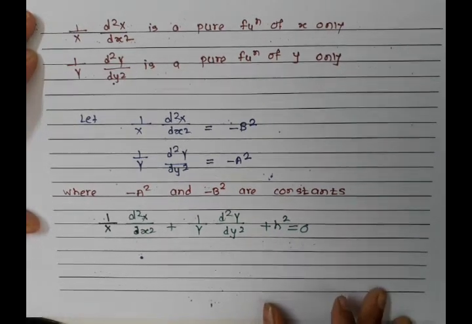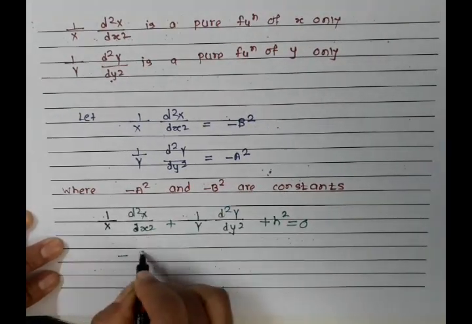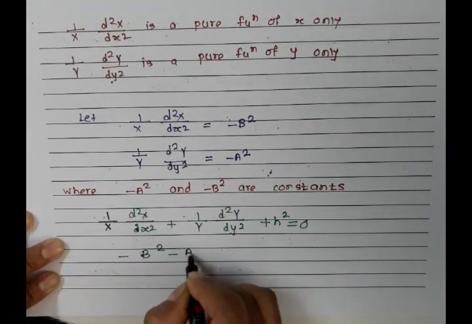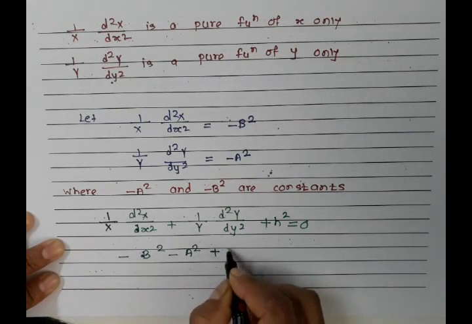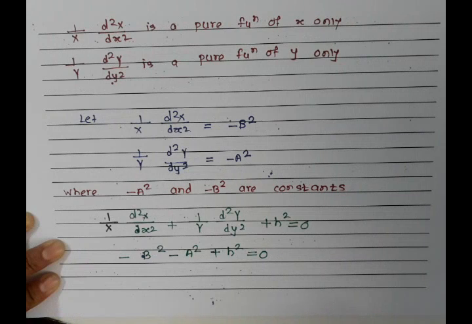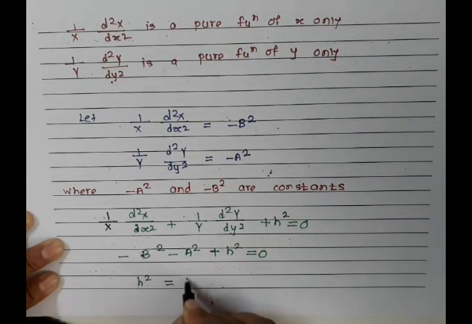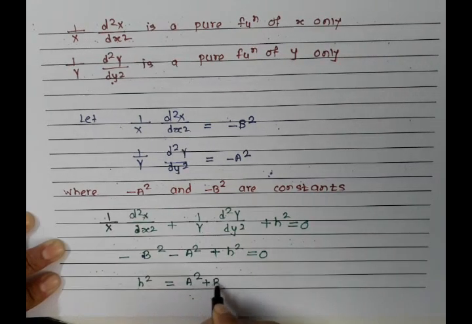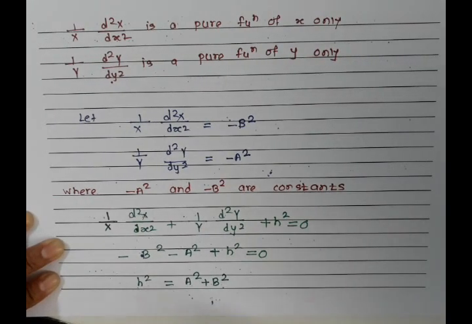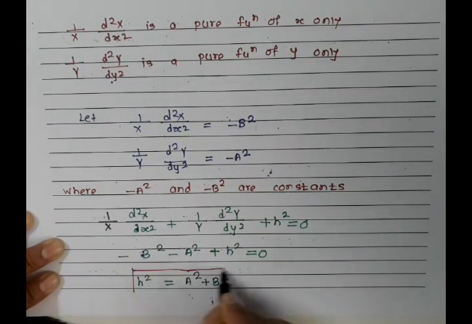So let us put whatever we have assumed over here: minus b squared minus a squared plus h squared is equal to 0. Okay, so here we can say we have got h squared is equal to a squared plus b squared. So this is something which we have got.